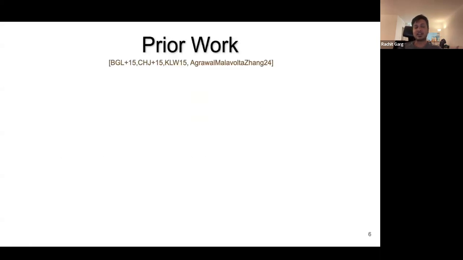So what is the prior work that I'm mentioning? Imagine you have a Turing machine M, which runs on some input X, and it takes time T and space S to run.